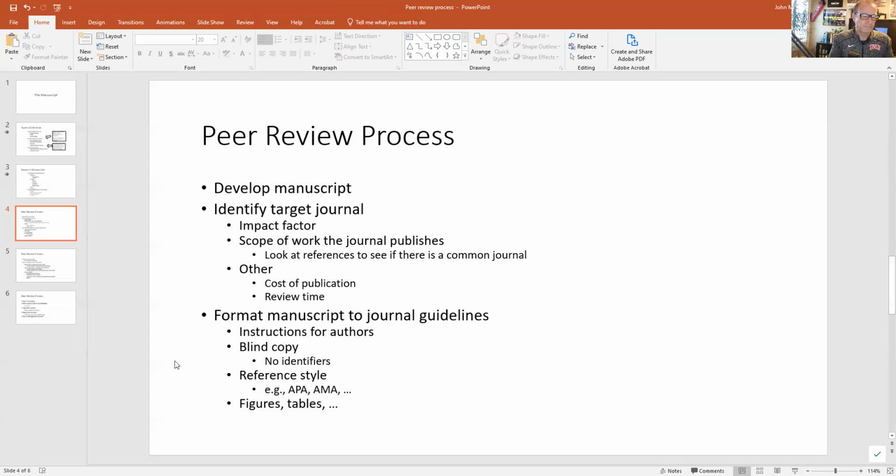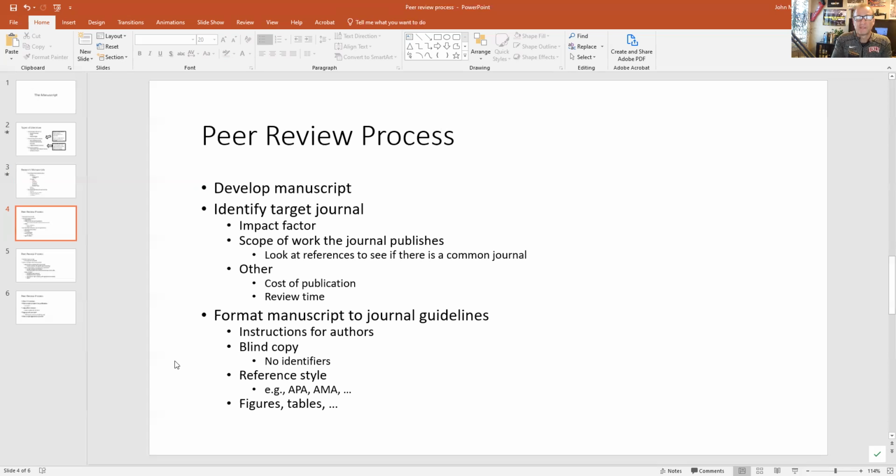Now you run into a bias within the review process if you're the reviewer and you know the authors. Likewise, if an author gets reviewer comments back and knows the reviewer, there may be a bias from the author's perspective about the reviewer.